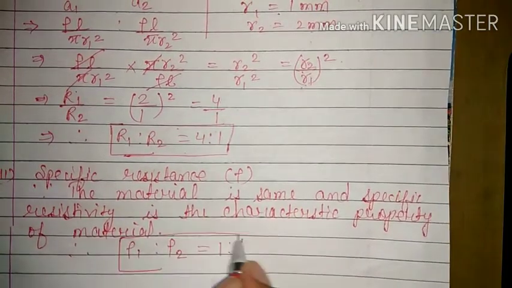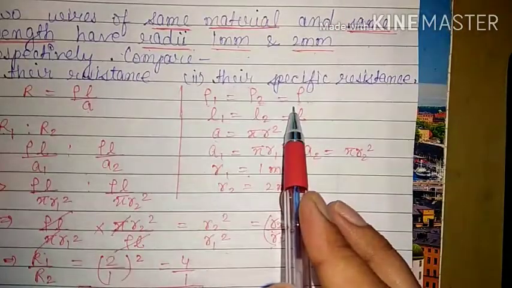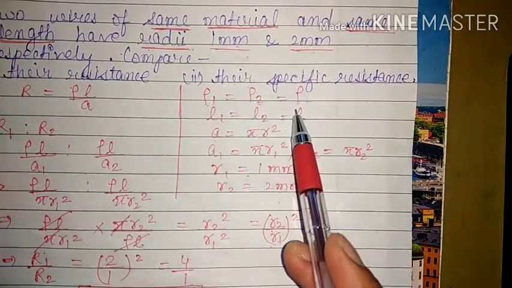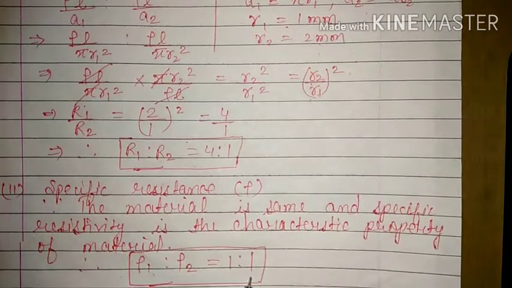That means since the material is not changing, the resistivity will not change, which we have already discussed. In both the conditions, it will have its specific resistance as rho. So the ratio of specific resistance is 1:1.